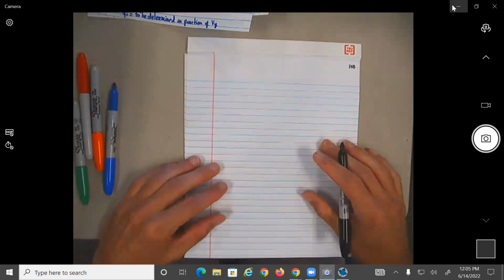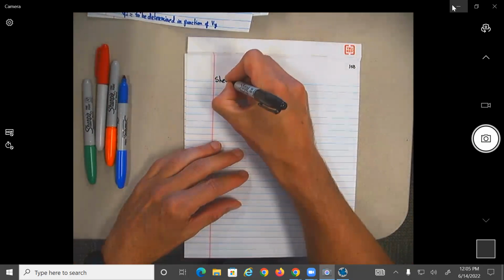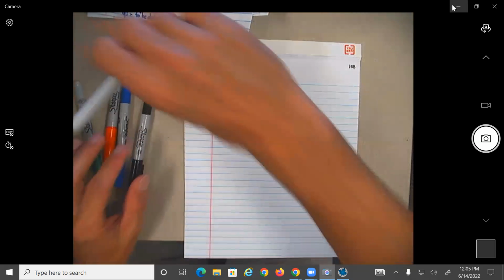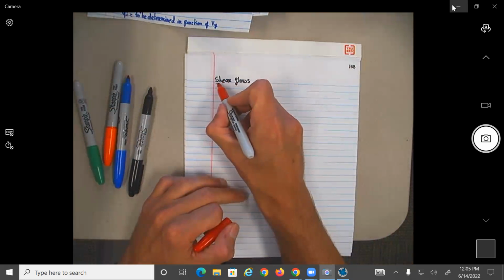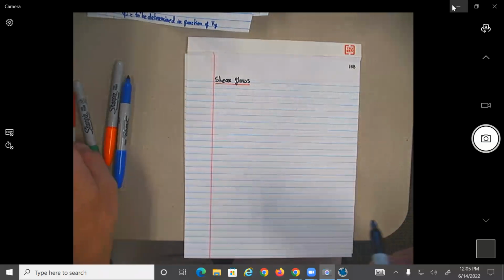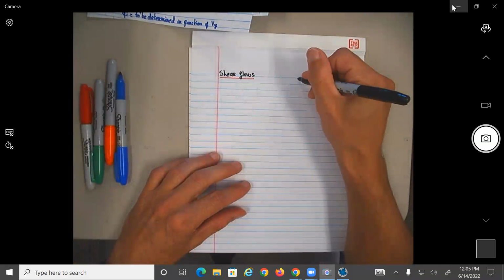All right, so 108. So we need to find shear flows. This is a good practice for the exam because probably you're going to have to do this. I still haven't decided the problem, but probably you're going to have to do it. All right, so what is our cross section?